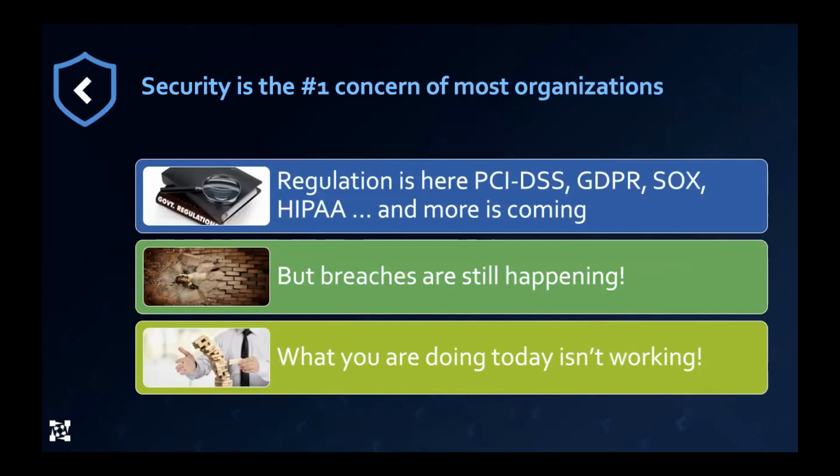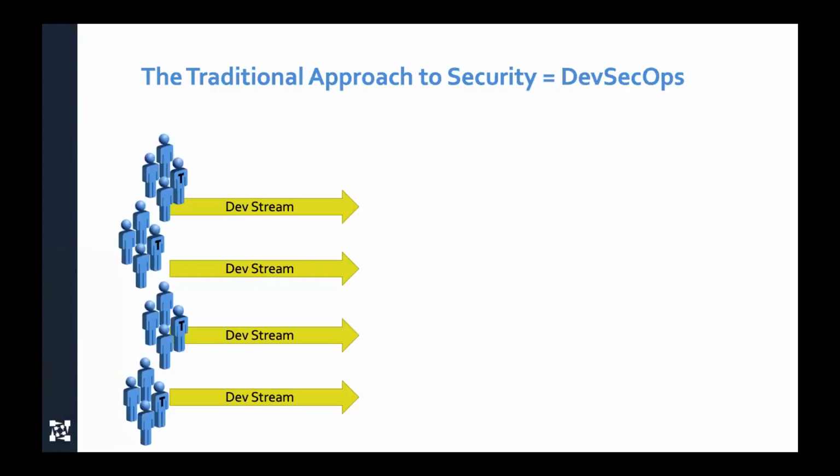And what we're going to do today is talk about what that approach is, the challenges, and how we can help organizations address that. So if we look at the current state of security testing, typically, it's a dev, then sec, then ops approach. Typically, you have development teams working on various components of an overall system. If you have an agile team, you may have testers embedded within the development team.